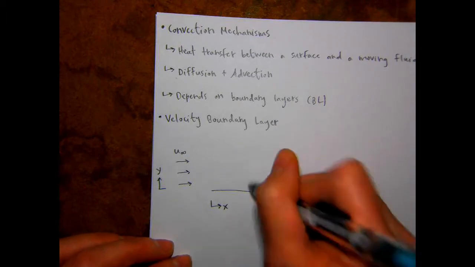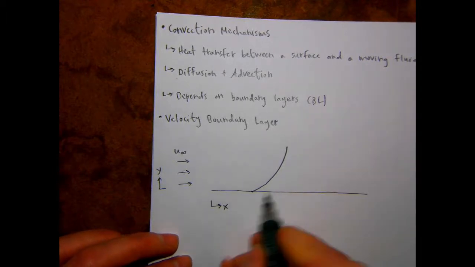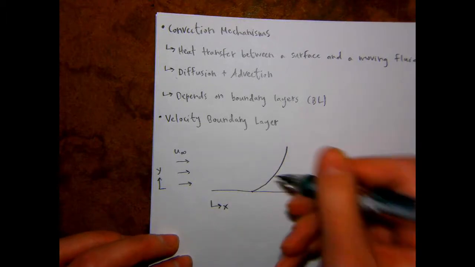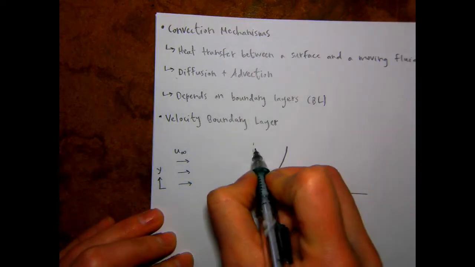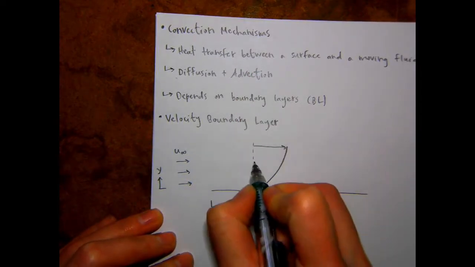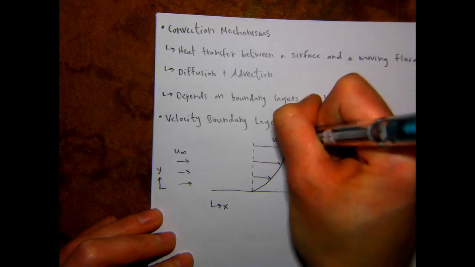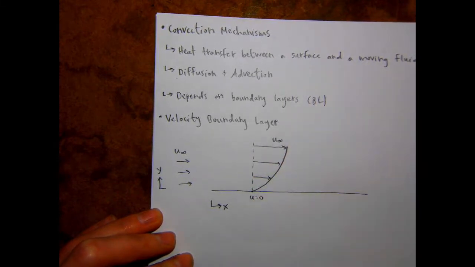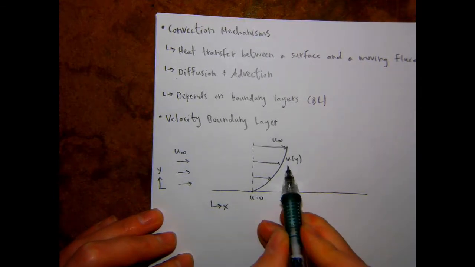So you're going to develop this kind of profile where your velocity is moving from 0 to u infinity. Up here we've got u infinity. Down here, u equals 0. And this profile is a function of y, so the velocity as a function of y.